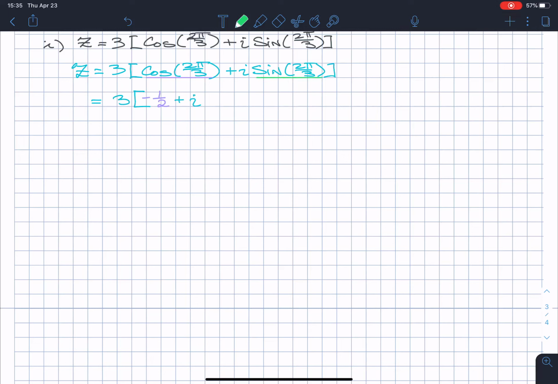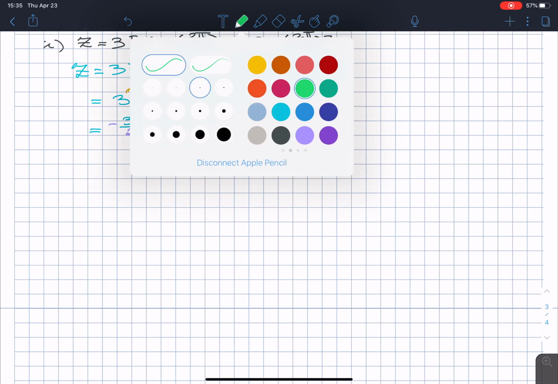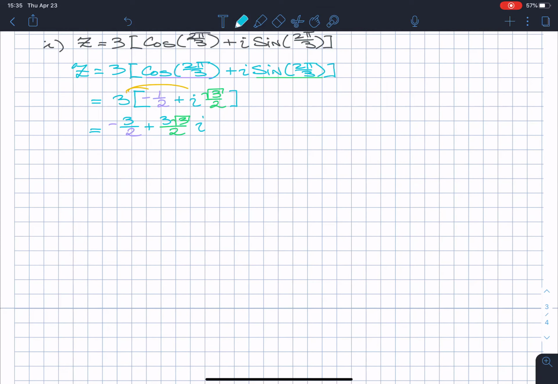In quadrant 2, what is the y coordinate at the reference angle of 60? It's root 3 over 2. And now we can distribute the 3 inside and be done. So in one fell swoop, we have that this will be negative 3 over 2 plus 3 root 3 over 2 times I. And there we are. This is the standard form of z.